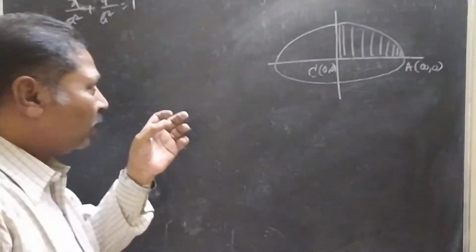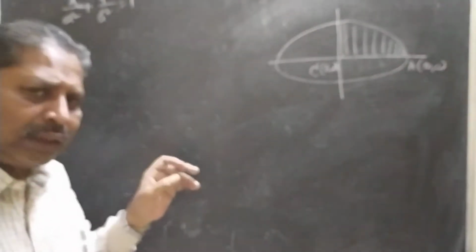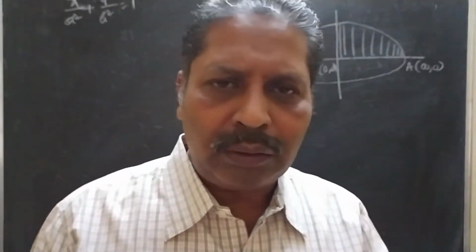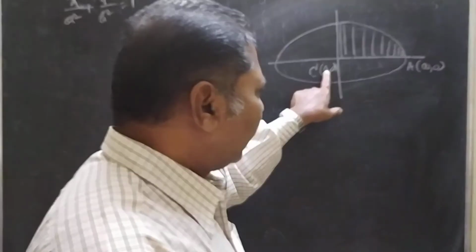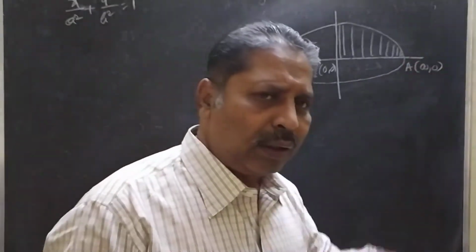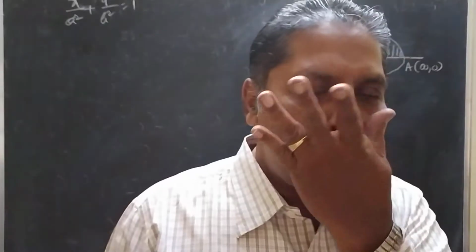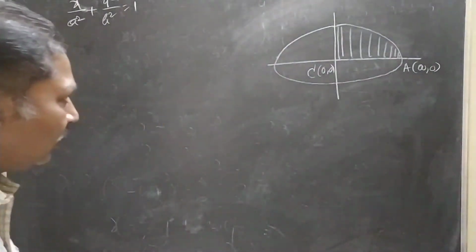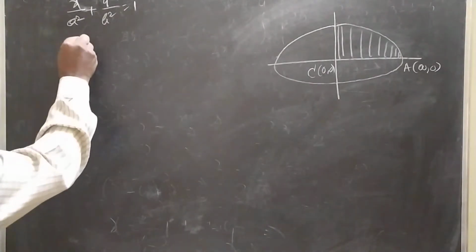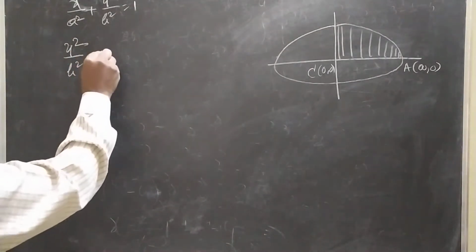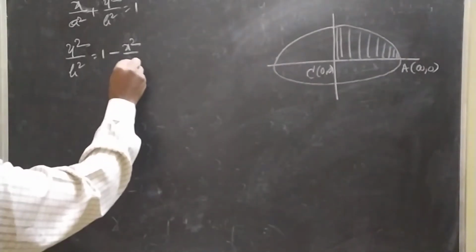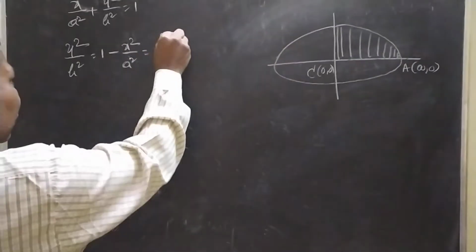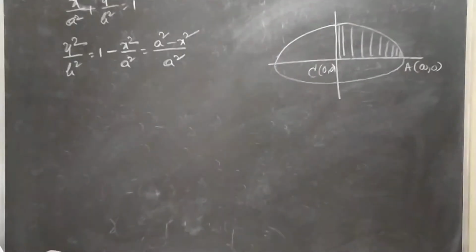See, first write the given ellipse equation as y equal to something. Given limits are x equal to 0, x equal to a. So write the ellipse equation y equal to something. y square by b square equals 1 minus x square by a square, a square LCM, a square minus x square.